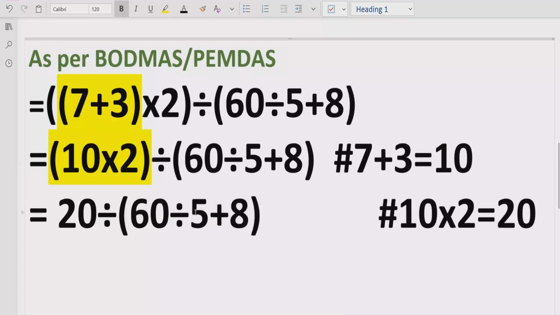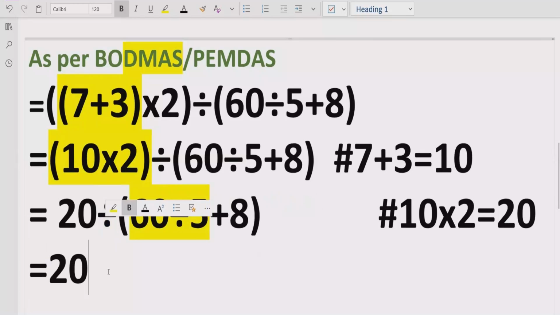Now we have to see that here we have one addition sign and one division sign. So first of all, which one will we solve? According to the rule, first of all, you have to solve the division and multiplication, and after that you have to solve the addition and subtraction. So first of all, we have to solve this one, which is 60 divided by 5. Like we have 20 divided by 60 divided by 5.